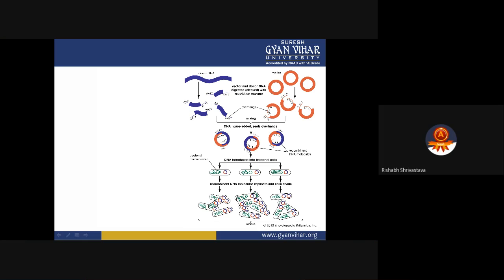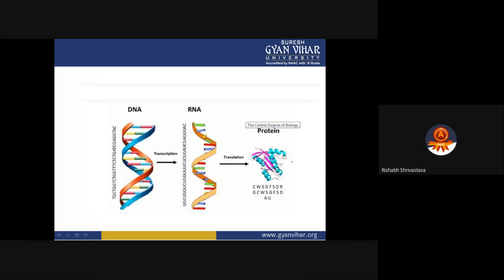What you have to remember is that DNA replication is where DNA is made from DNA and the enzyme used is DNA polymerase. When you make RNA from DNA, this process is called transcription. This process utilizes RNA polymerase as an enzyme.